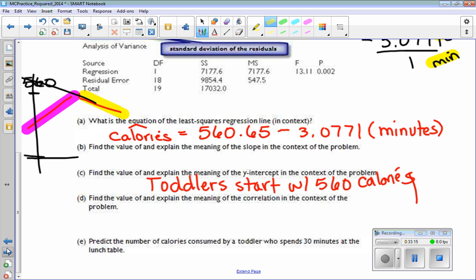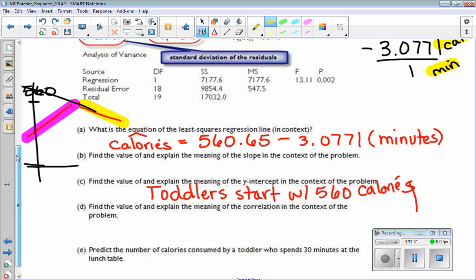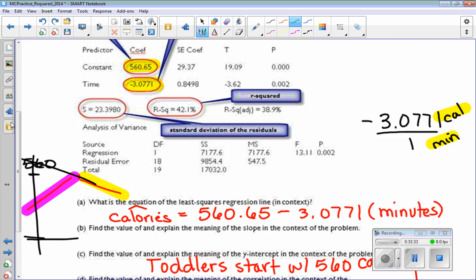And we're going to talk about R squared here for the last half of class. But I can find R by simply taking the square root of R squared. But you need to put the percent as a decimal. So you need to say 0.421 and take the square root of it. So I know that if R squared is 42.1%, R is the square root of 0.421.